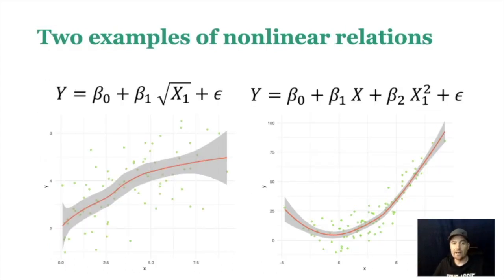Here's the quadratic effect again on this side where we have the x plus x squared. That's what a quadratic effect is. It's just a square of our variable. And then on this other side we have the square root. So that would be looking at the relationship between the square root of x and how that affects y. Both are forms of nonlinear relationships.